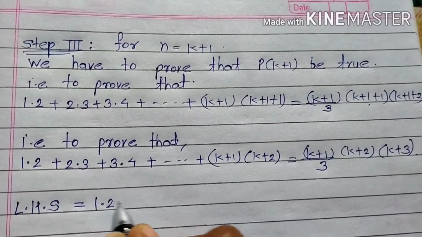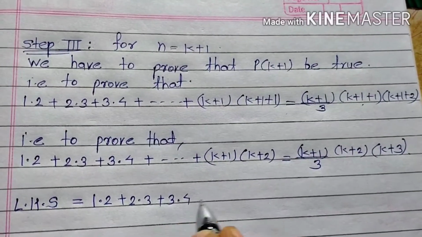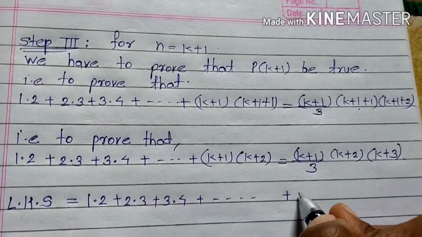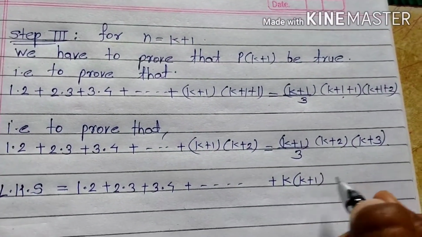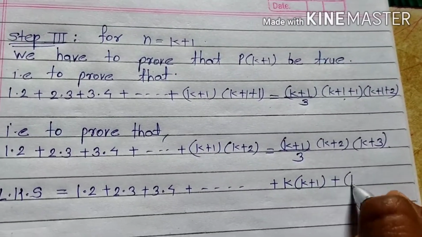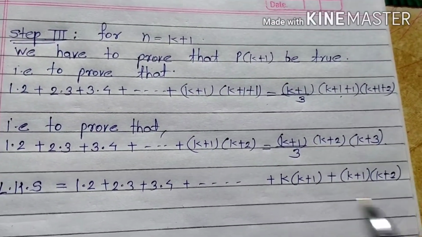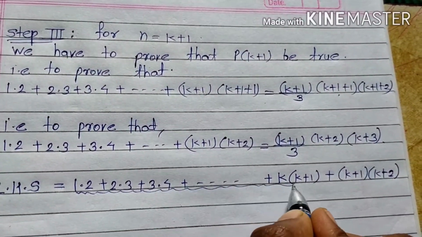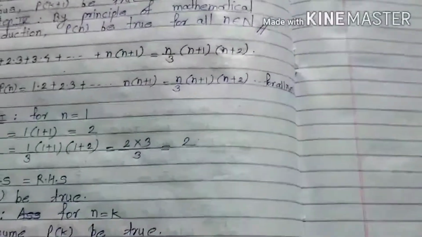So this is 1.2 plus 2.3 plus 3.4 plus up to so on. So here we add some number which is k plus 1, and then k plus 1, k plus 2. Now you can observe that the value of this from equation first is what?